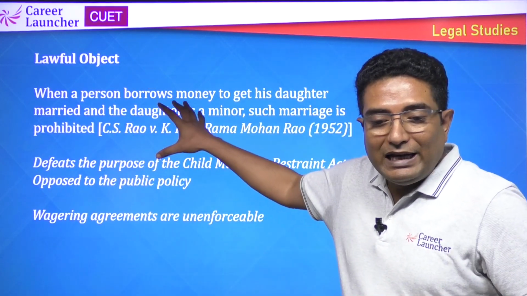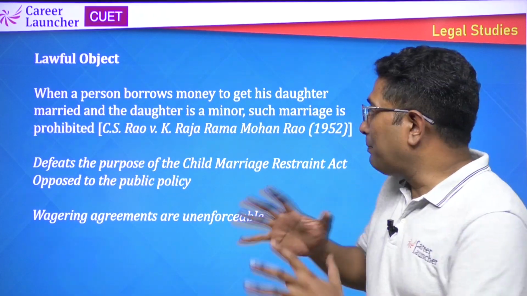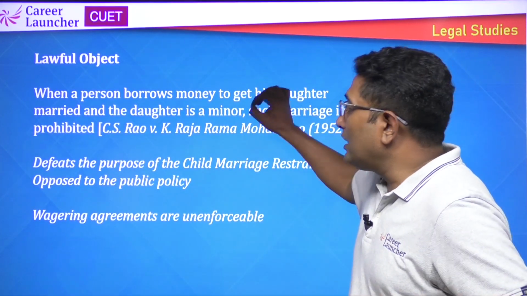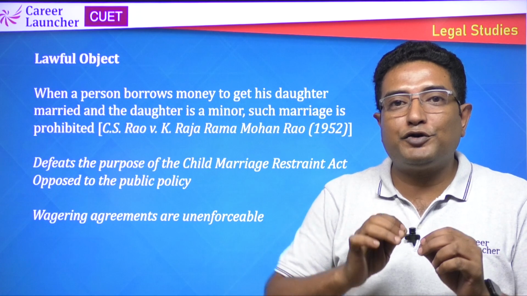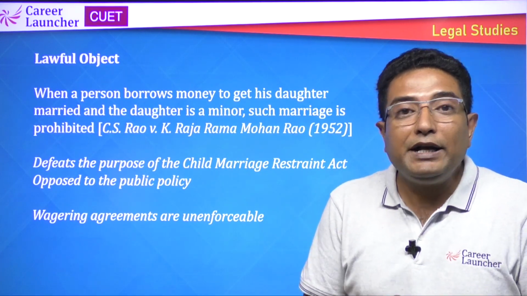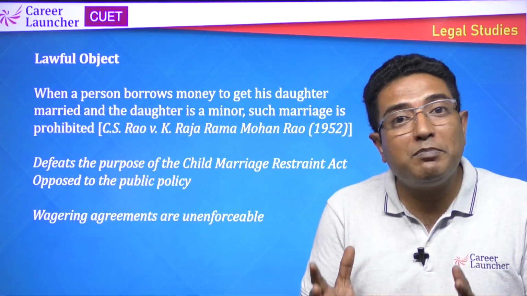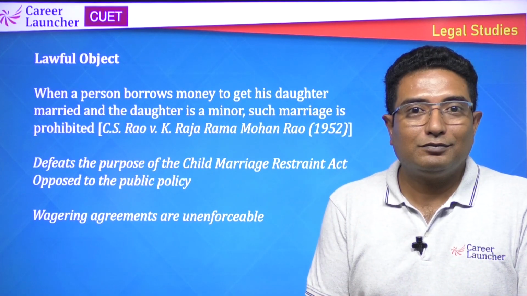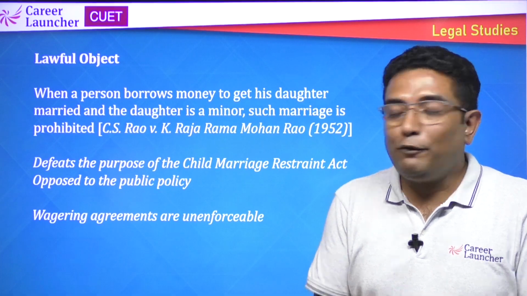If you look at this illustration, what is happening here? This is clearly defeating the purpose of the Child Marriage Restraint Act. In India, child marriage is prohibited. And what is happening here?